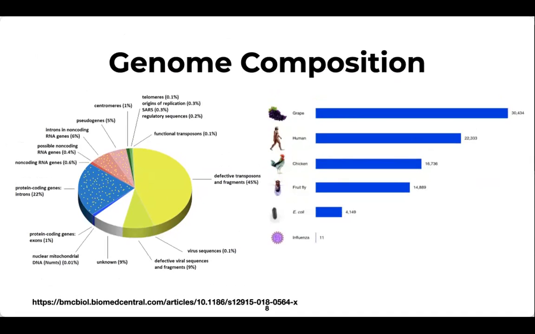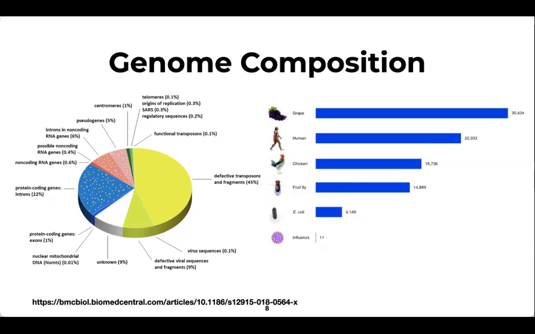In addition to the number of genes that increases the complexity of different organisms, there can also be different sizes of these genes within the same genome. Some genes may be really long, as long as 2.3 million nucleotides in the CNTNAP2 gene, and some may be as small as 500 nucleotides long.